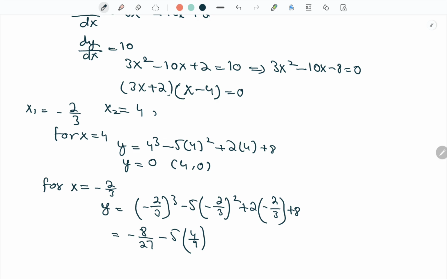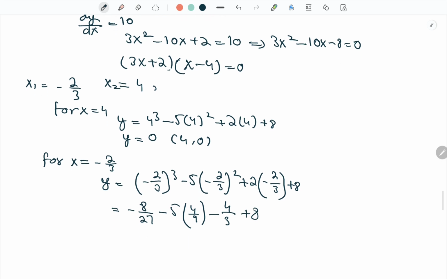Then we just write minus here and directly multiply the negative sign. 2 times 2 is 4. Okay. Now 5 times 4 is 20. So when we put all of these into the calculator, we get 112 over 27.